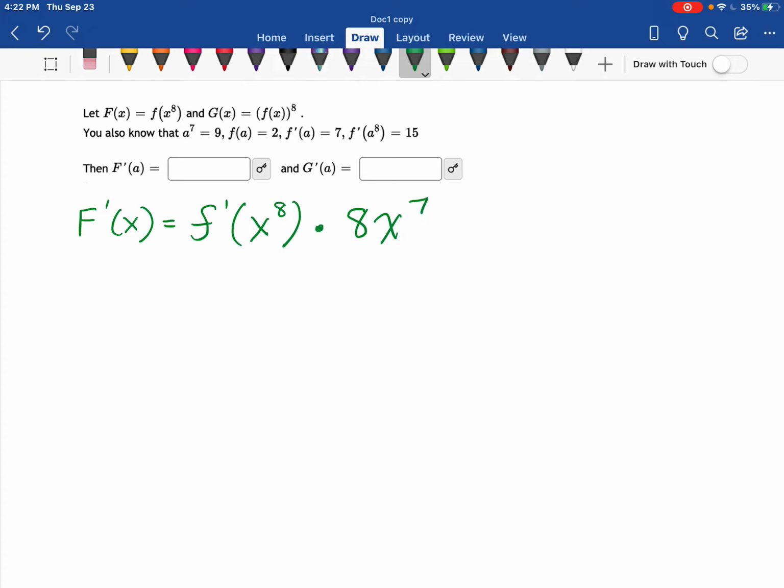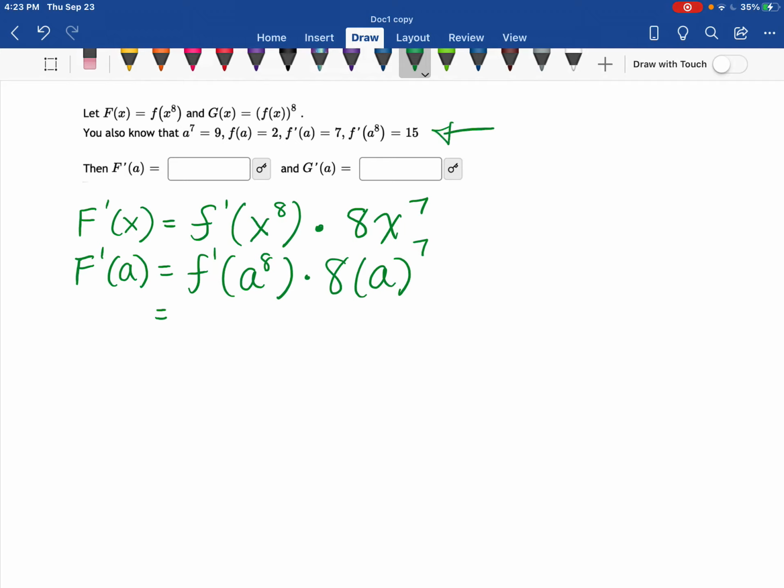8x to the 7th. Now, when I want to evaluate this at A, that means everywhere I see x, I'm going to replace it with A. So now I'm going to use the information that's given to us in the problem up here with the function values and the derivative values evaluated.